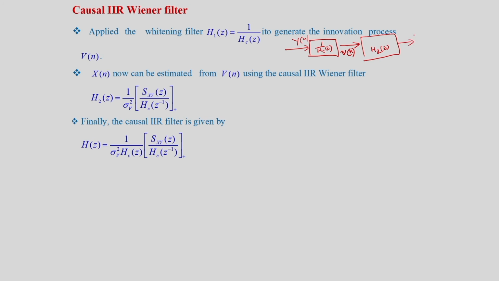Then we will get this estimator x hat(n). That way it is a cascade of two filters, one is 1 by Hc(z) and then, of course, 1 by sigma v square into H2(z).